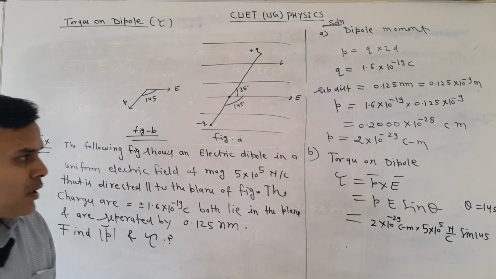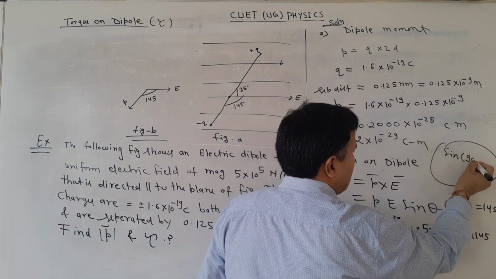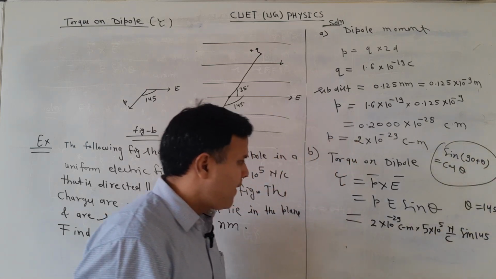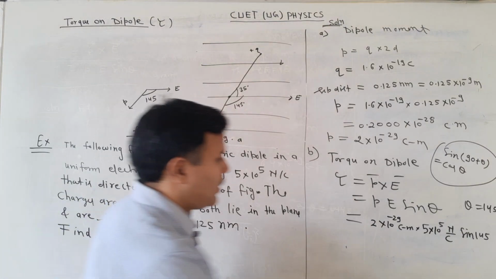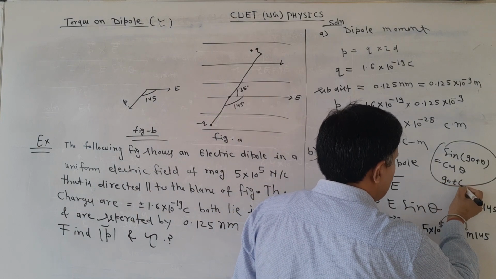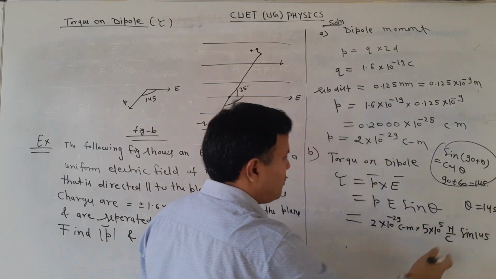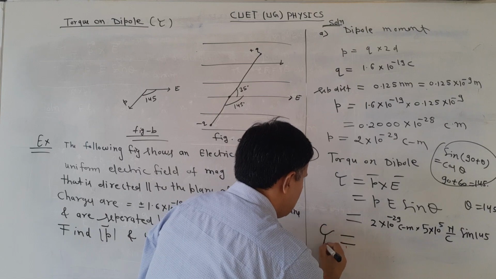Now sin of 90 plus theta is simply cos theta, so this is simply cos 60, since 90 plus 60 is 145. So this is tau.